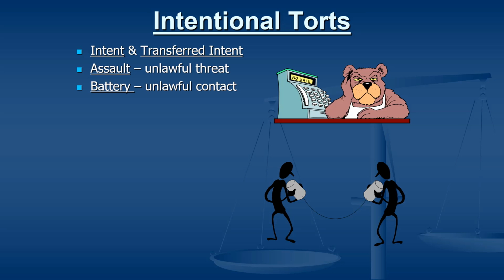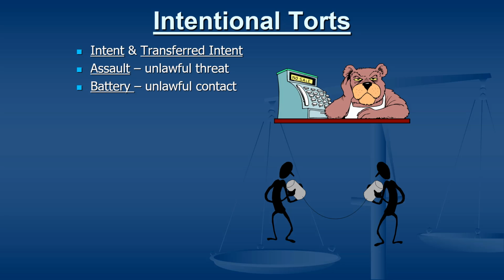Which takes us to the first intentional torts that we'll talk about, assault and battery. The intentional tort of assault occurs when you place someone in fear of immediate physical harm. So there's no actual physical contact with assault, but you're placing someone in fear of physical contact or physical harm.